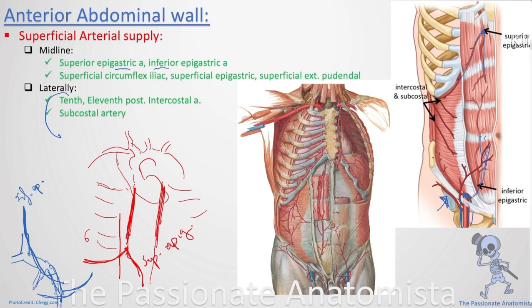External iliac will give you inferior epigastric and deep circumflex iliac. So this is deep circumflex iliac and this is inferior epigastric. It's in the same place, but because I have a landmark here, the inguinal ligament, I need to be specific, and because I want to talk about the femoral artery now. What's going to happen is, guys, once we proceed and exceed the inguinal ligament, we are femoral.